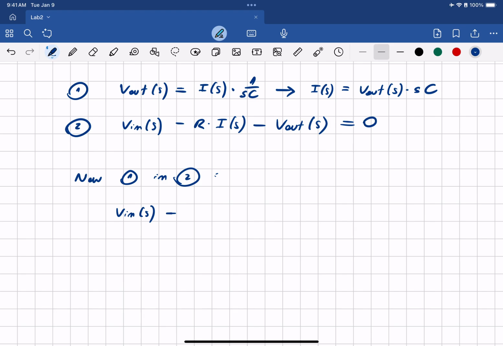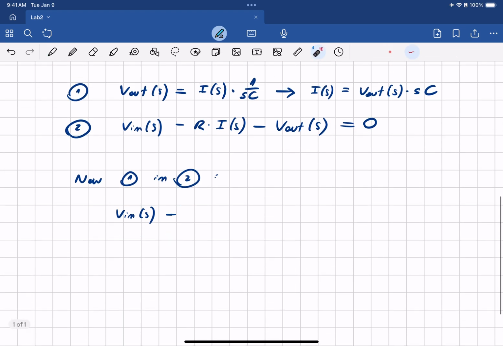Now we replace that value of I into the second equation, and we get Vin of S minus RCS times V out of S minus V out of S equals 0.